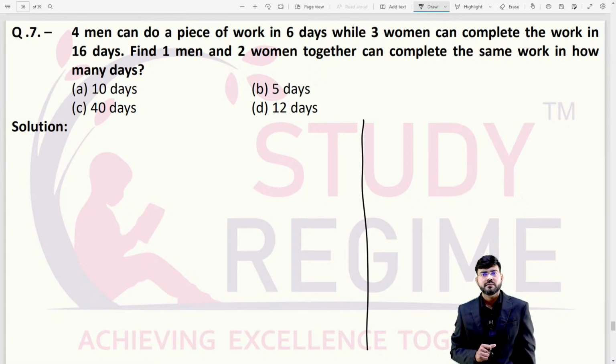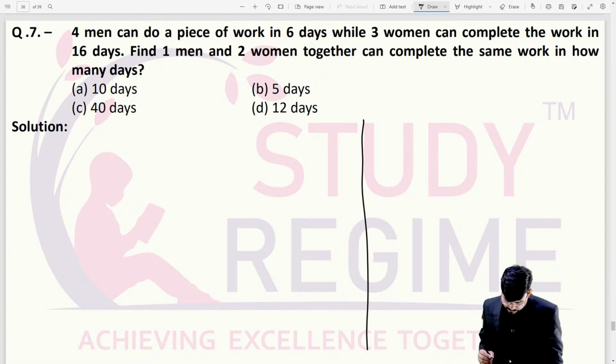16 days. Clear? If 4 men, that means men alone, are working for 6 days, the work will be completed. If 3 women are working for how many days? 16 days, the work will be completed. So there are 2 ways to find the total work.